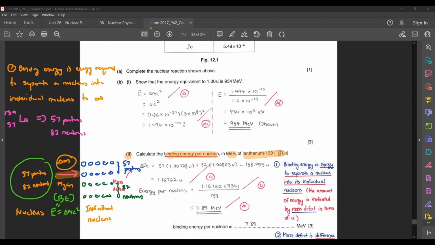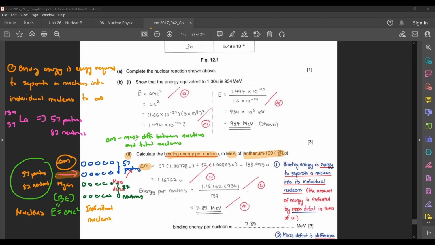You get your mass defect. Your mass defect, as I mentioned to you, delta M is actually the mass difference between nucleus and total nucleons.